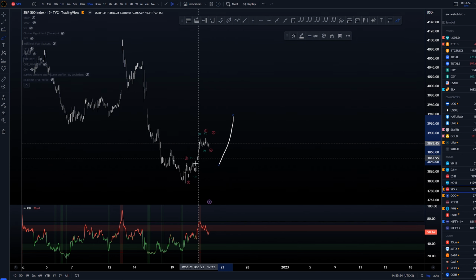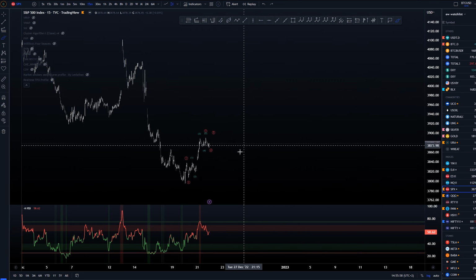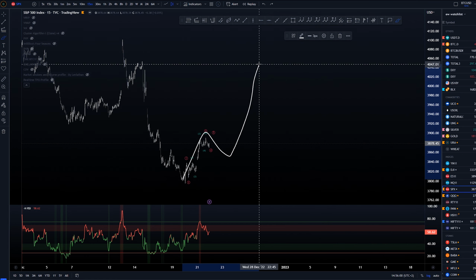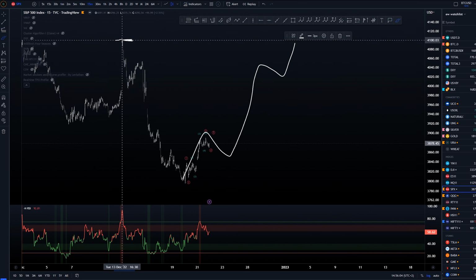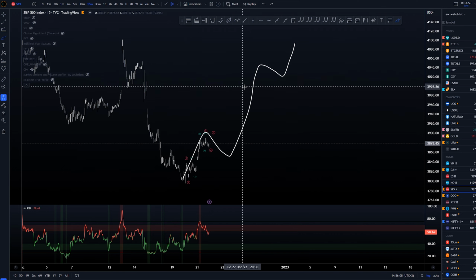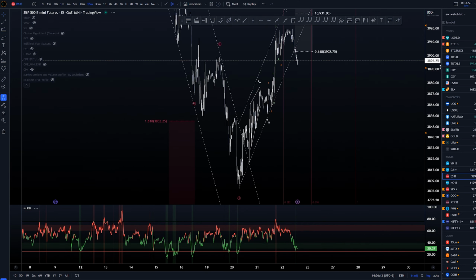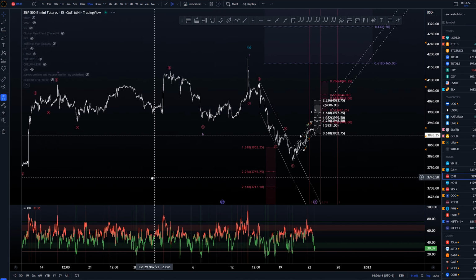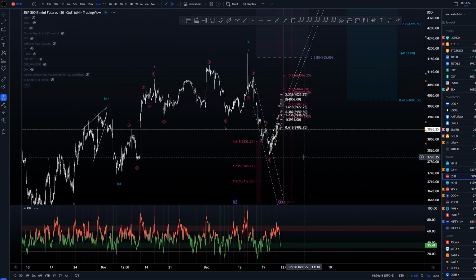And yeah, a 3-wave structure, at least ABC in the form of a zigzag, or of course, if we get something else, a 5-wave structure, then we know after breaking these highs that this indeed was an end of something, and then we can take a look at the higher time frame structures and say that okay, this was indeed a 3-wave structure to the downside, where this, again, let's see if I got the count here.